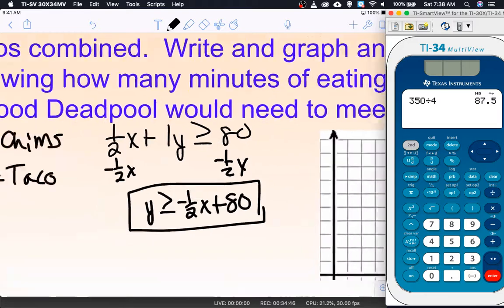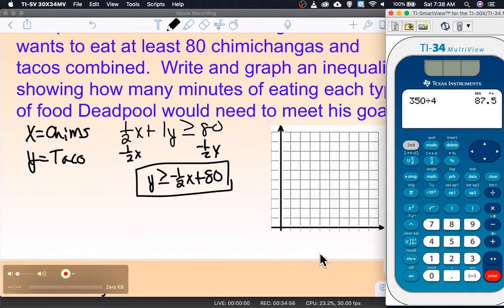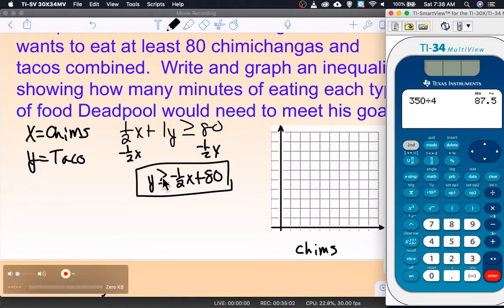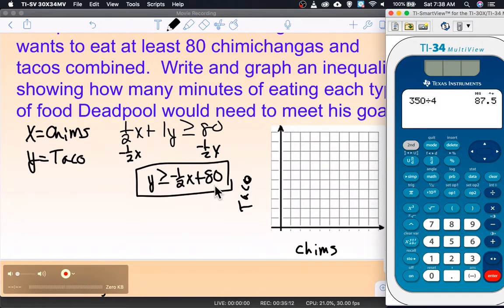Now, graph. This graph actually is going to look fairly similar to the previous graph. We need a scale. I'm going to put X's as my chimichangas. Y's, because I already have Y as tacos, I'm going to put tacos on my Y axis. We need a Y intercept of 80.